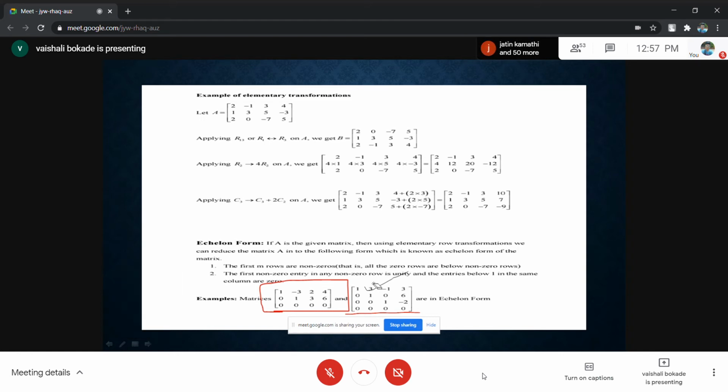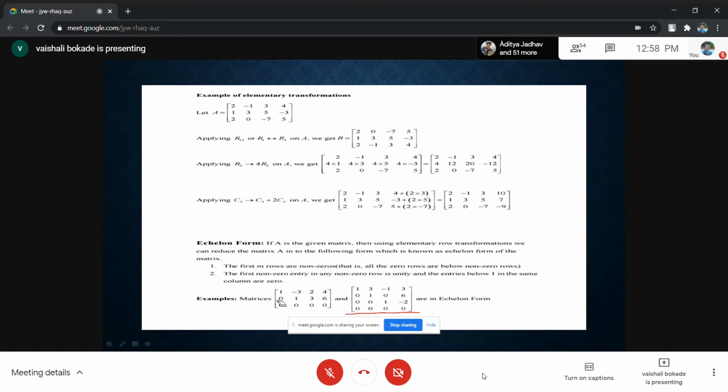Remember this. Now, how to apply row or column transformations for transferring zero rows to the bottom, not columns, row transformations, I'm going to explain right now.